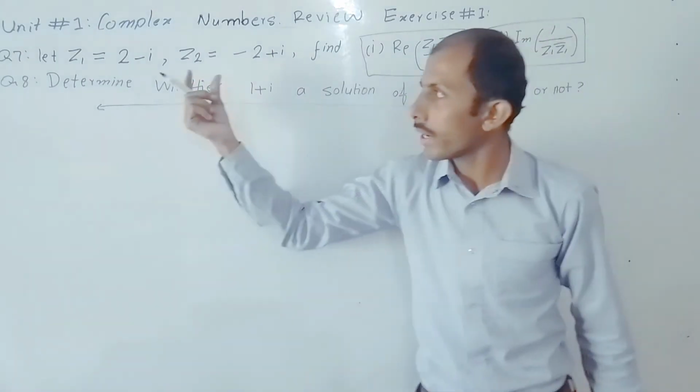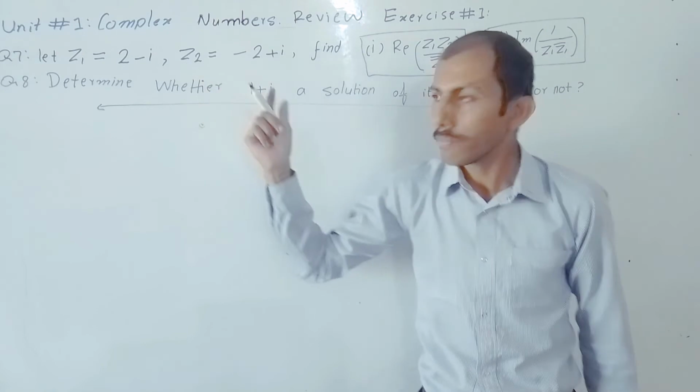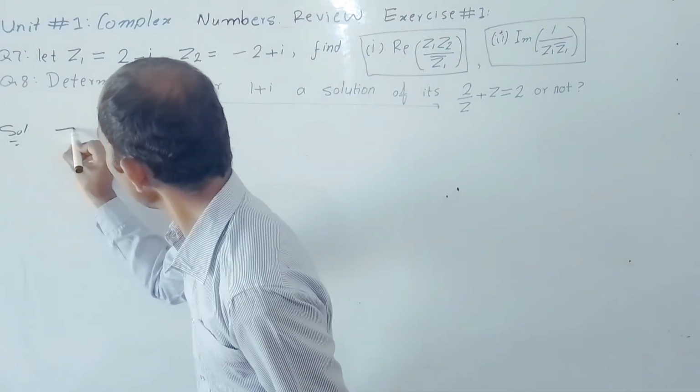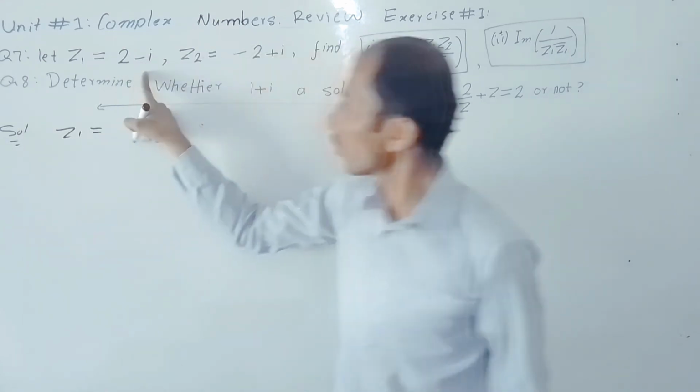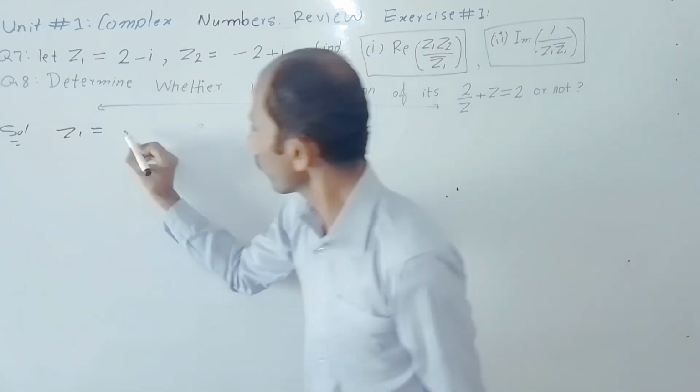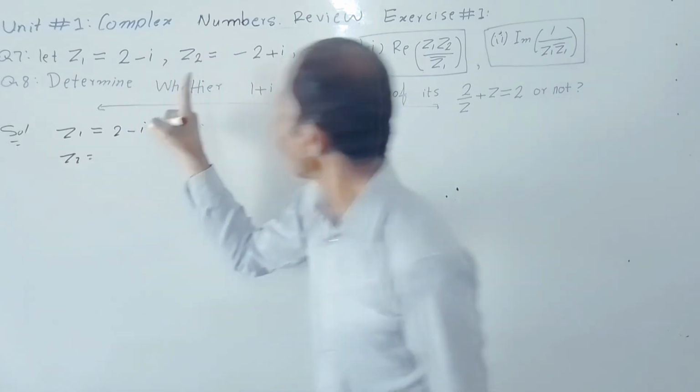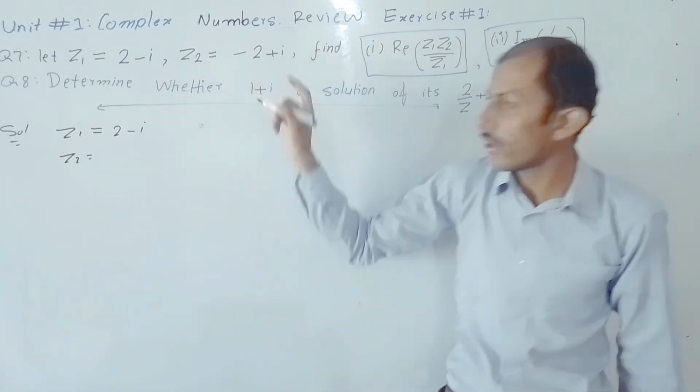So let's start part number 1, question number 7. z1 is equal to 2 minus iota, z2 is equal to minus 2 plus iota.